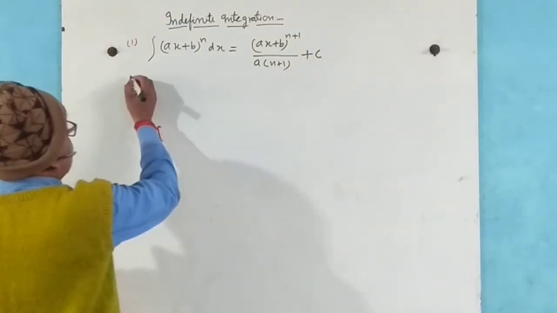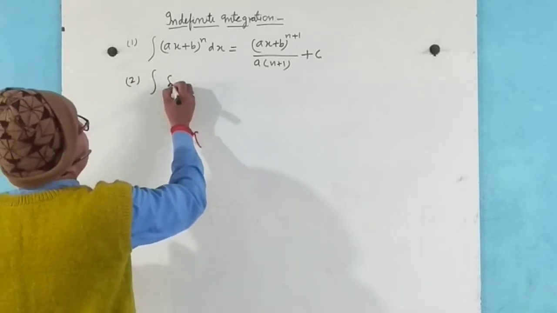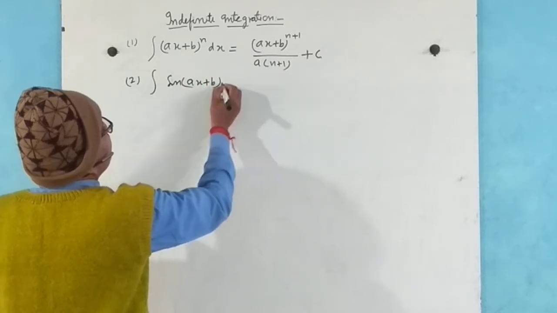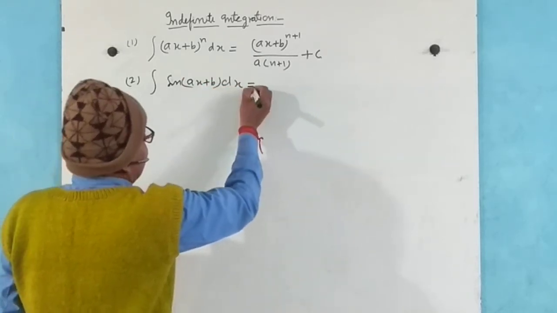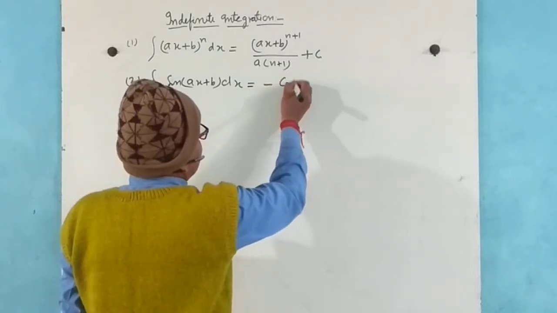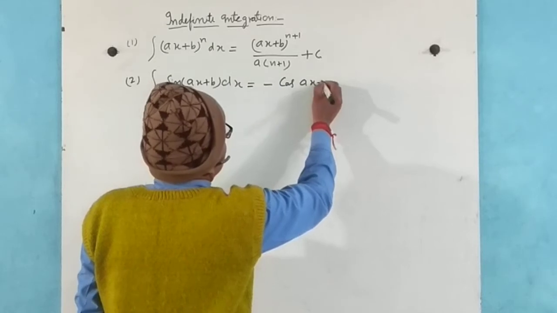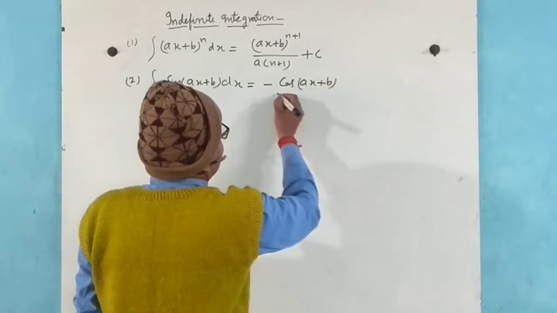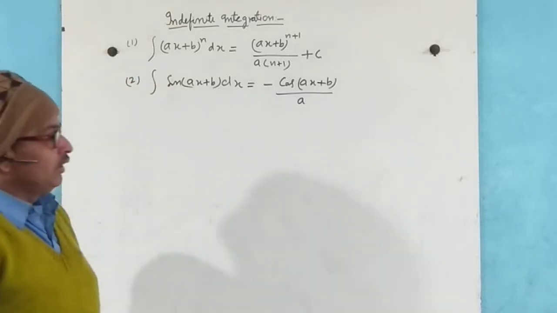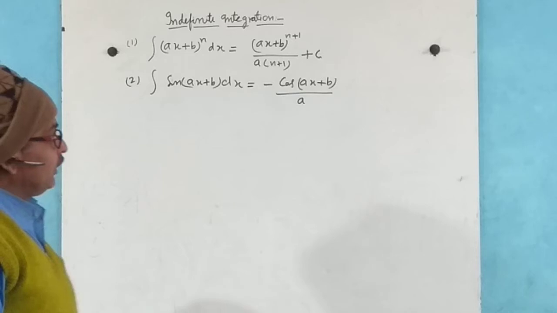Now, second: integration of sin(ax plus b) dx equals minus cos(ax plus b) divided by a, plus c.